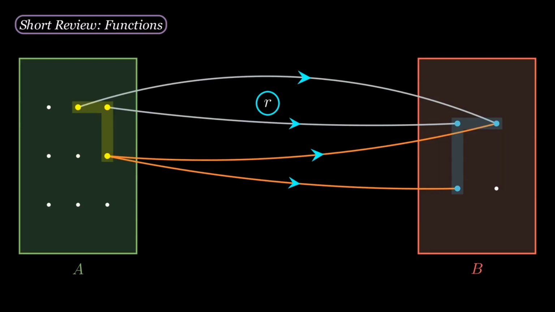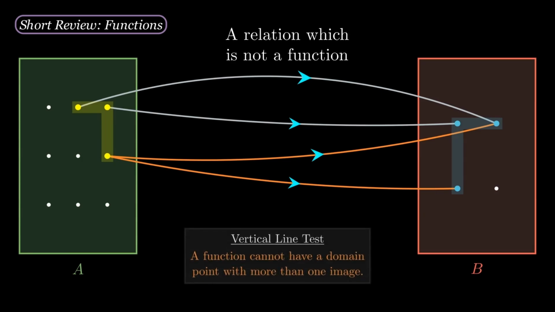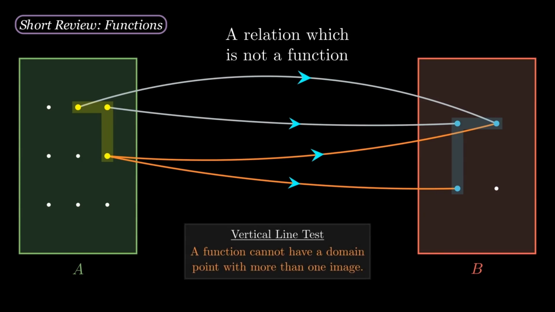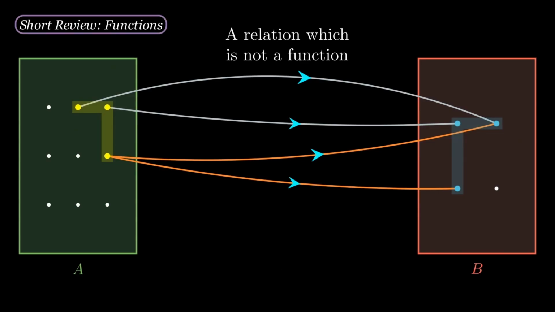Thus, this relation is not a function. This key feature is part of the definition of a function and is usually expressed via what is known as the vertical line test.